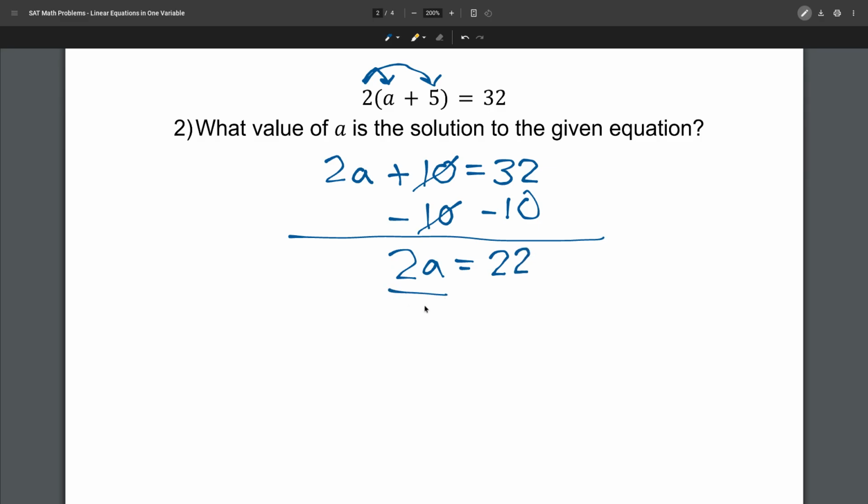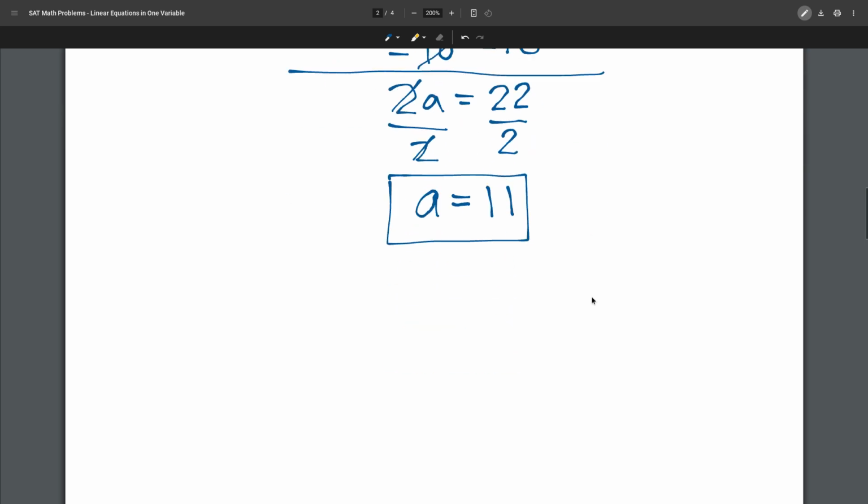We can divide both sides by 2. 2 divided by 2 is 1. So another thing you might hear is these cancel out. But really it's 1 times a, which is just a. And that equals 22 divided by 2, which is 11. So a equals 11. Let's keep going.